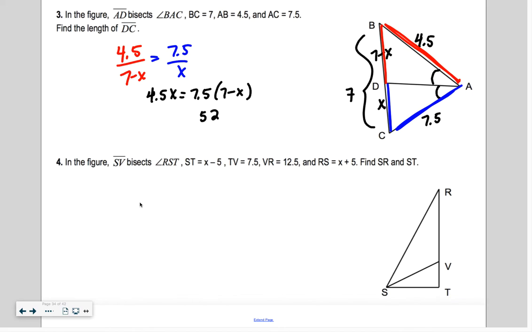So we get 52.5 minus 7.5x equals 4.5x. All right, and we add over. 7.5 plus 4.5 is 12x equals 52.5. So our answer is x equals 4.375.